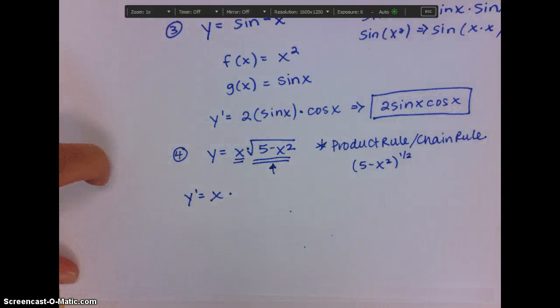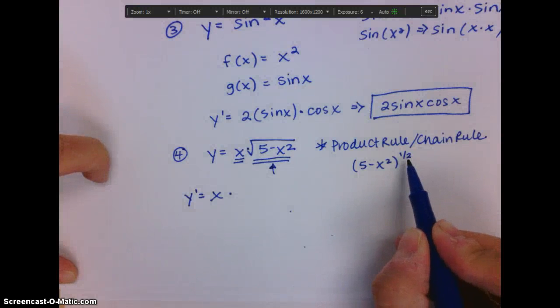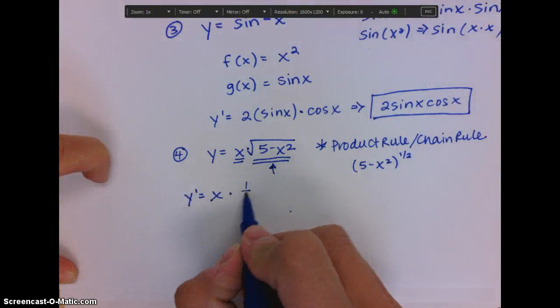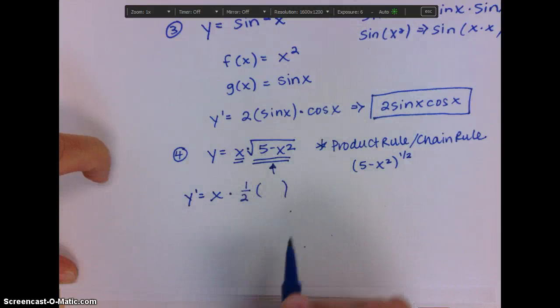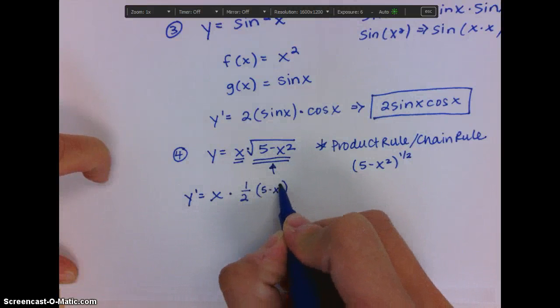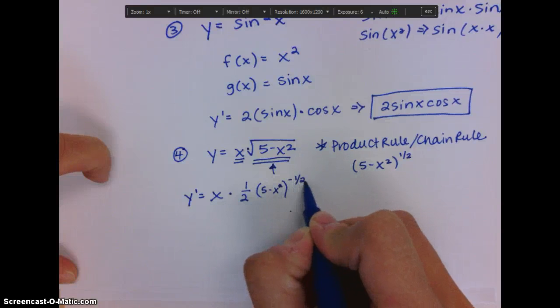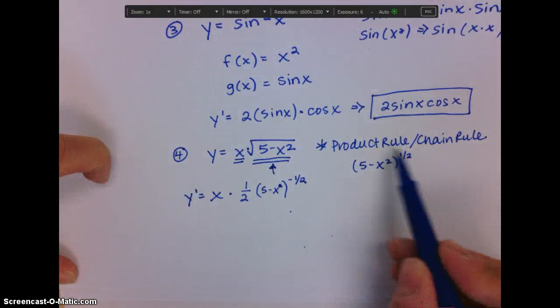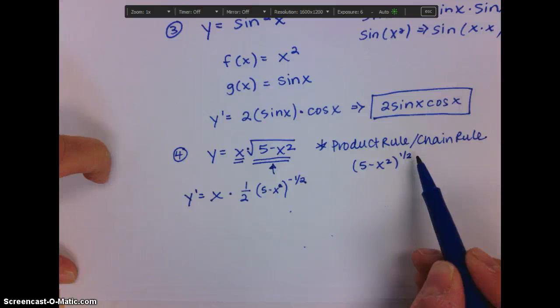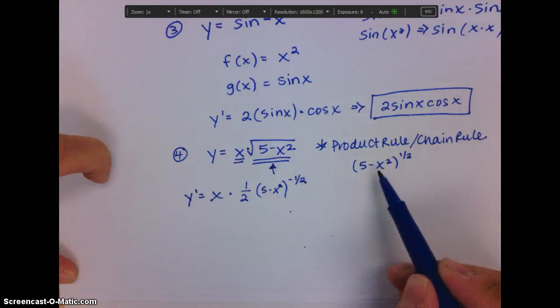That way we can use the power rule and the chain rule. So I'm going to take the derivative of the outer function, which is going to be 1/2 times 5 minus x squared to the negative 1/2. So I'm just using the power rule here, decreasing this power by 1, and then having the g of x, the inner function, being plugged inside.